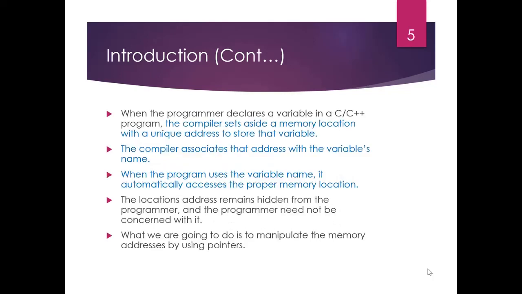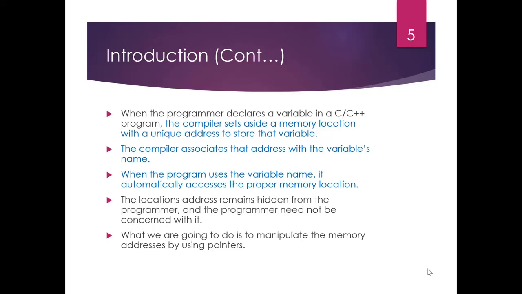When the programmer declares a variable in a C or C++ program, the compiler sets aside a memory location with a unique address to store that variable. The compiler associates the address with the variable's name.